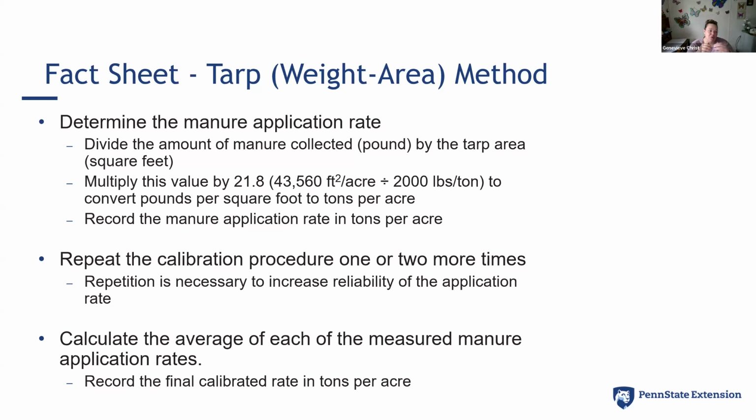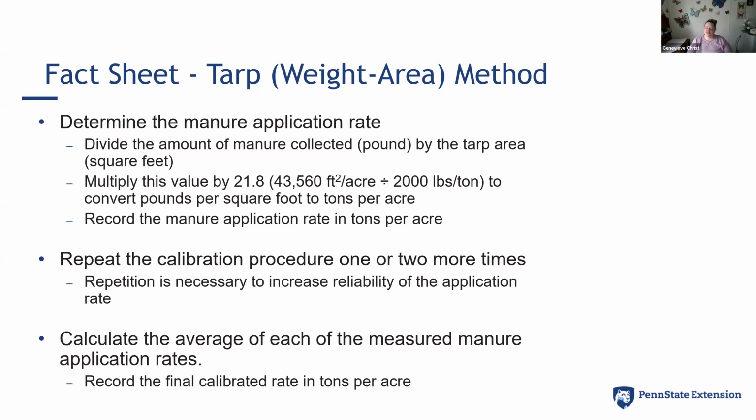Multiplying it by that value, it will convert what you've collected into tons per acre. And so you can write down then on that sheet that application rate in tons per acre. And so we want to repeat this calibration procedure, preferably 2 more times, but at least 1 more time.